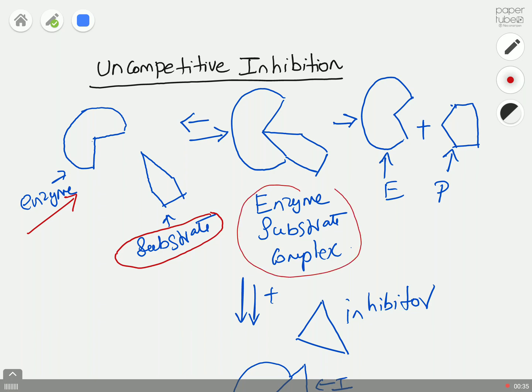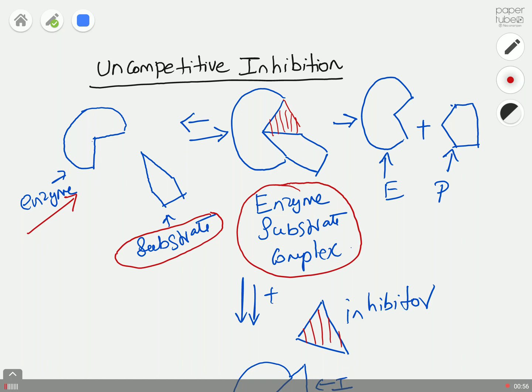So just follow the red pen. And once you have this enzyme substrate complex, you have a space here which can accommodate your inhibitor. Inhibitor is shown here.